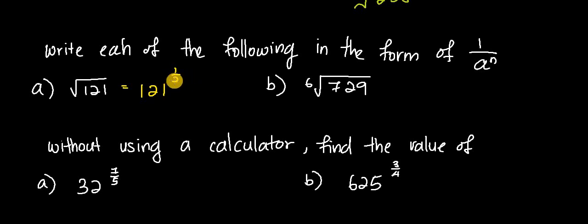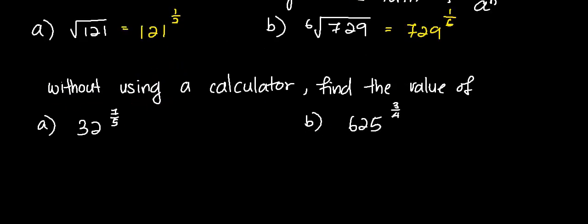Because this 2 here as the denominator tells us it's a square root. Now the second one, the 6th root of 79. So in here, another way we can write it is 79 power 1 over 6. Alright, so this is how we can write this number to this and fractional indices back to a root type of number.